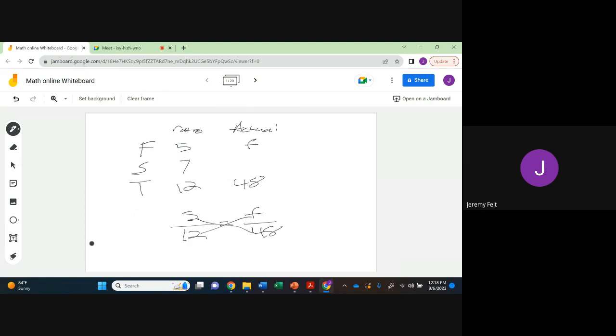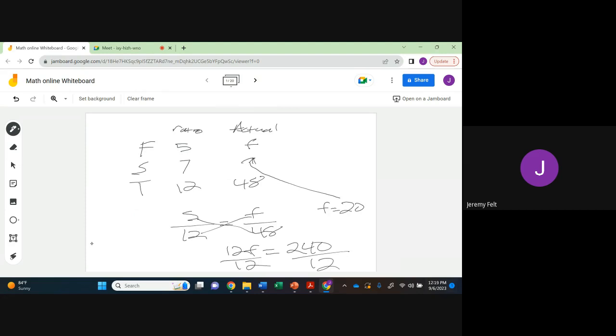And cross multiply, I get 12 F equals 240. 5 times 48, where'd my pen go? 240 divided by 12. So cross multiply and divide just like we've been doing, and we get F equals 20.